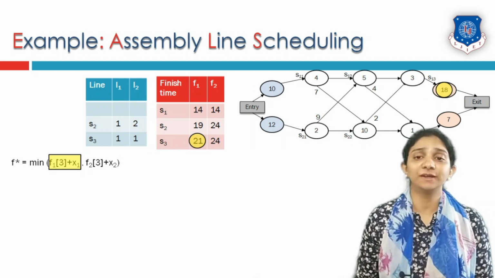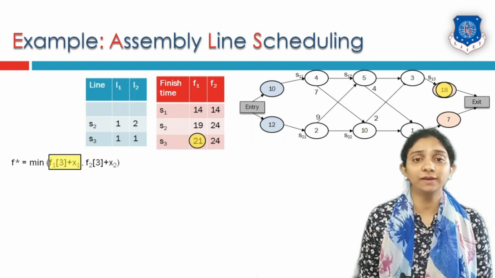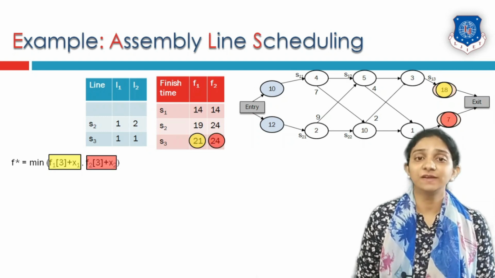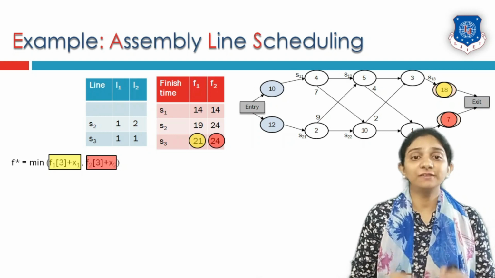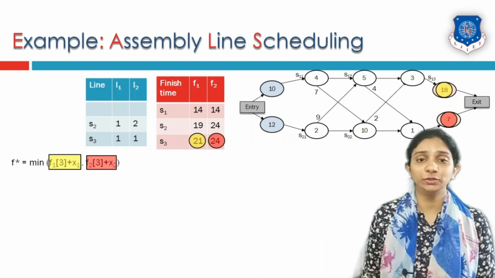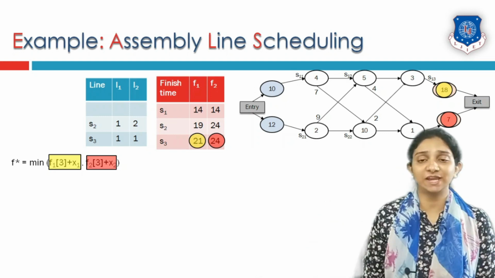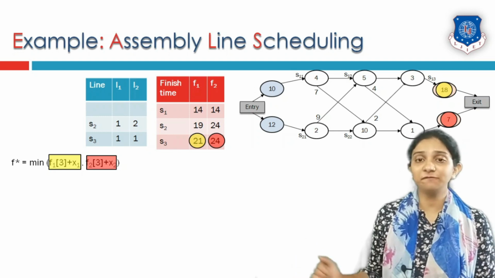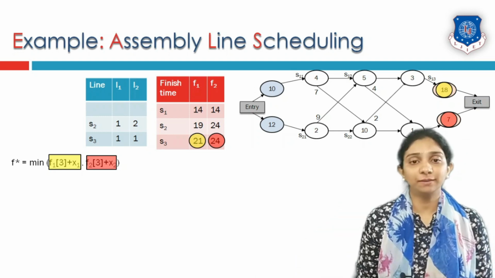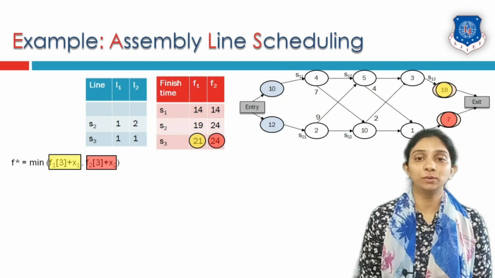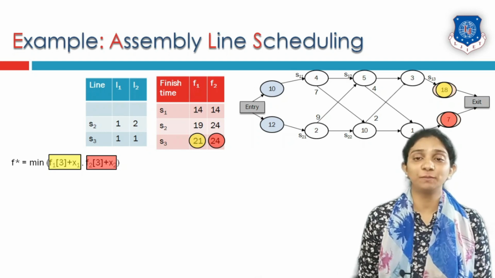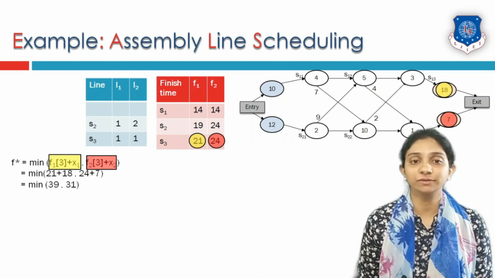So 21 plus 18 will be our first component, and the second component is F2 of 3. That means the finish time of station number 3 of line 2 is given inside the finish time table, that is 24, plus the exit time at line 2, that is equal to 7.